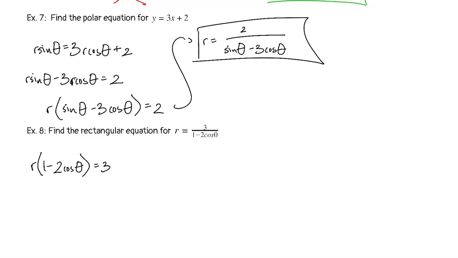What do we want to do from here? Would distributing it work? What do other folks think? Anybody think distribution?